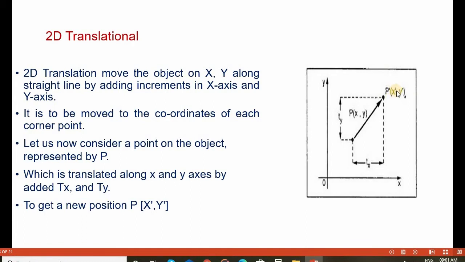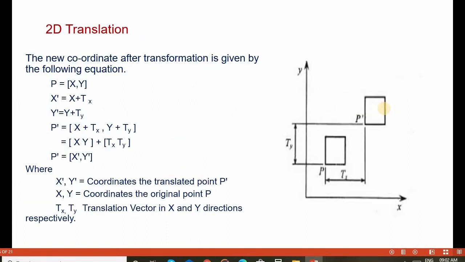P dash is (x dash, y dash). So we get the new translated position. P of (x, y) has been translated into P dash of (x dash, y dash). This process is called the two-dimensional translation process. Now we can see how to translate the object.